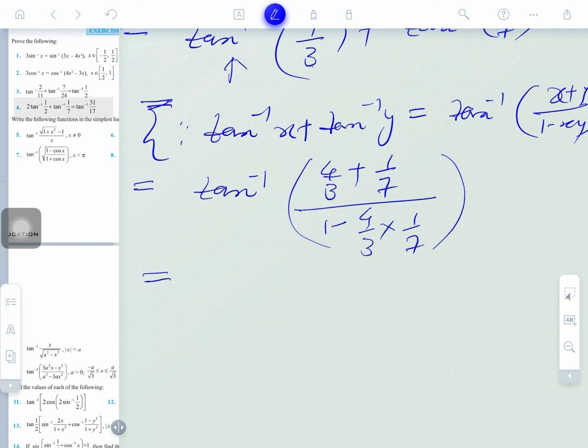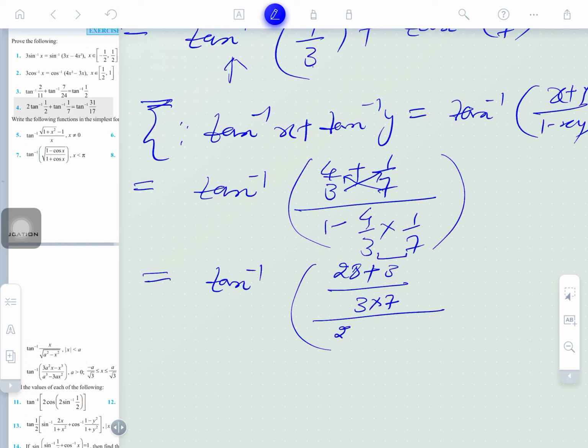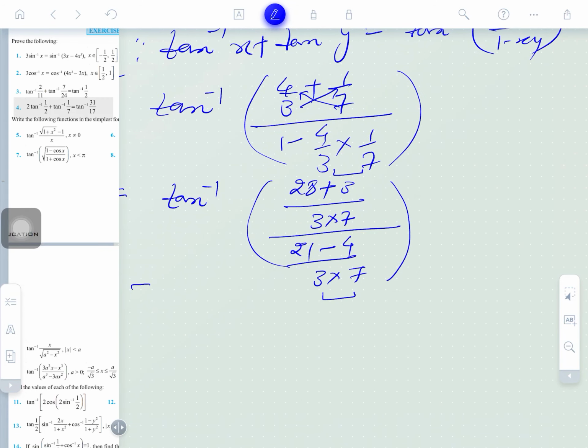So, this will be, LCM to be taken as 3 and 7 together. It will go here 28, 3 whole divided by 3 into 7, 21 will go here, and 4 into 1 is 4, divided by 3 into 7. I never said you to compose this, okay.